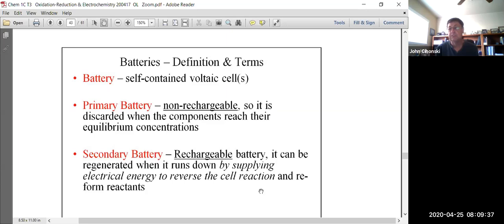You just pitch it to trash or recycle bin, and it's out of there. Secondary batteries, well, they're usually more expensive to buy. Chemistry's a little different. It's actually built to be reversible, so when it dies, you can recharge it. And we will, like I said, talk about examples there too.